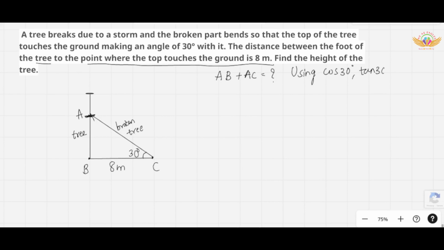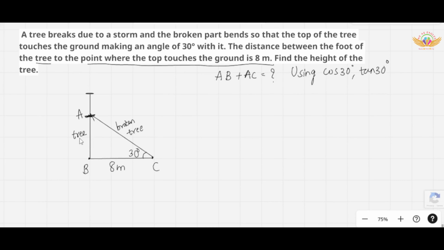Why I'm taking these two values? Because if I take cos 30 only, I'll get the adjacent by hypotenuse. The hypotenuse is nothing but the broken tree. I will get the broken tree value. If I take tan 30, then I'll get the opposite side, that is AB value, the height of the tree that was withstanding here.